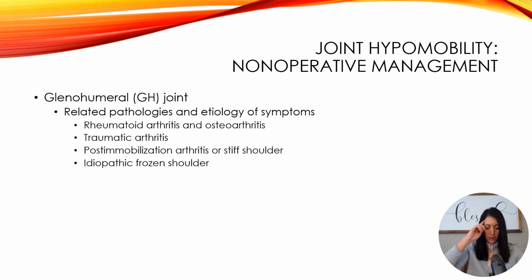So a lot of the very first ones that we're going to really talk about is going to be definitely OA. Also we'll be talking about rheumatoid arthritis, osteoarthritis, traumatic arthritis, and post-immobilization arthritis and stiff shoulder. And also really common is idiopathic frozen shoulder.